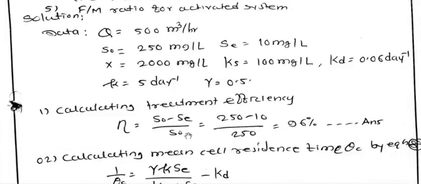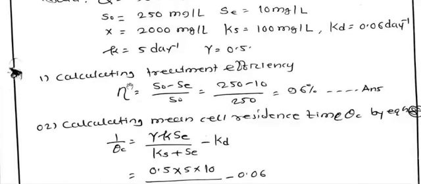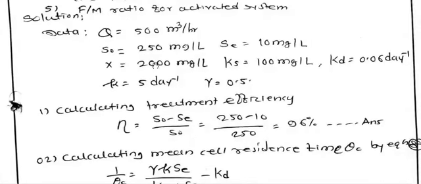The first formula for calculating the treatment efficiency is very simple: epsilon, the efficiency, equals the initial substrate concentration in the wastewater minus the effluent substrate concentration, upon the initial substrate concentration. The initial substrate concentration is 250, as mentioned in the numerical.